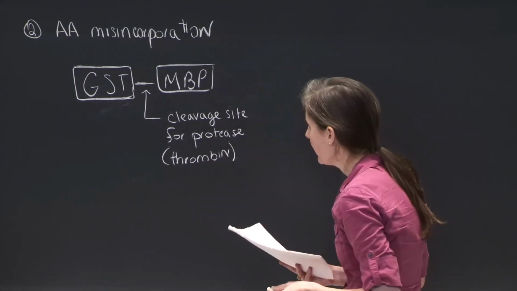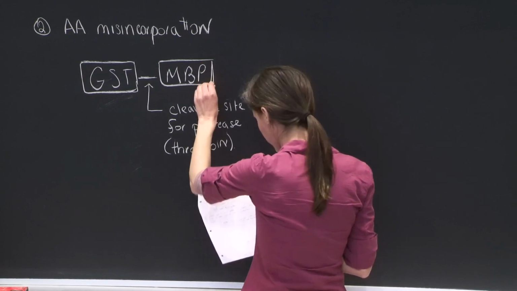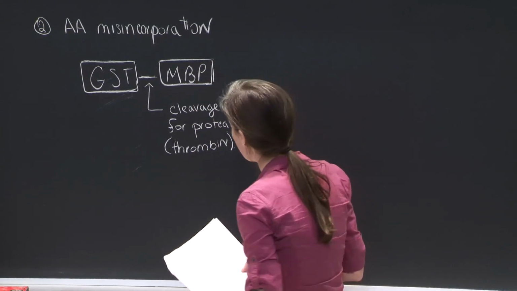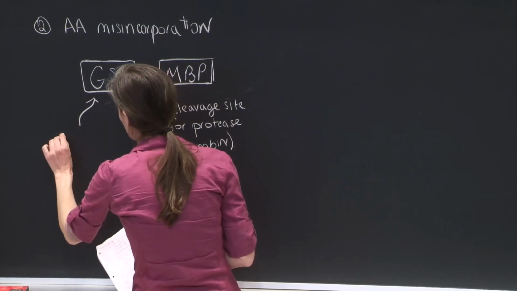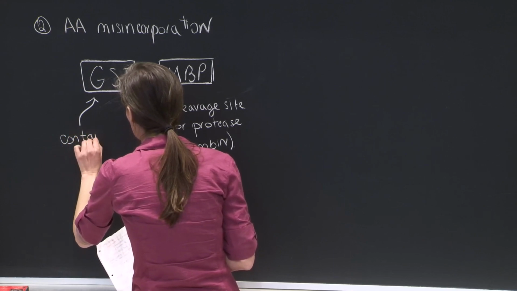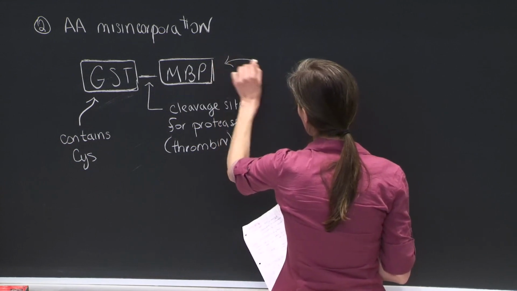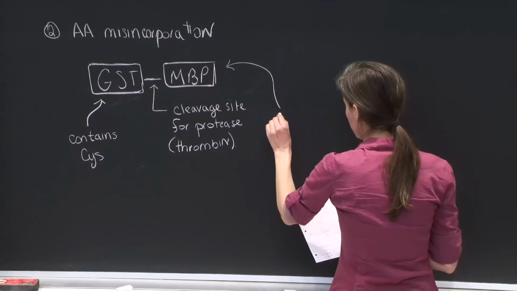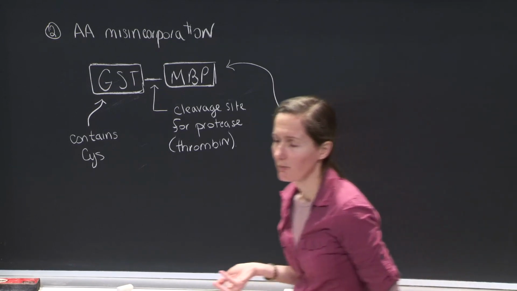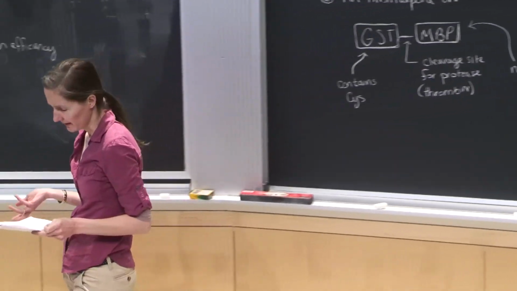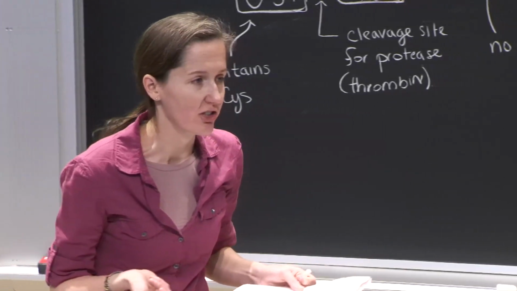And why did they do this? To look at amino acid misincorporation, whether that's happening. Effectively, they took advantage of the fact that GST contains cysteine, whereas maltose binding protein has no cysteine. Okay, so their idea was, let's use radio-labeled cysteine as a probe and monitor for radioactive cysteine incorporation.